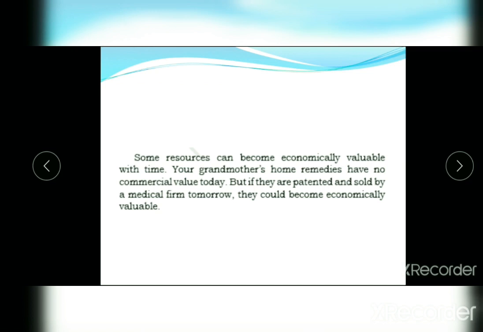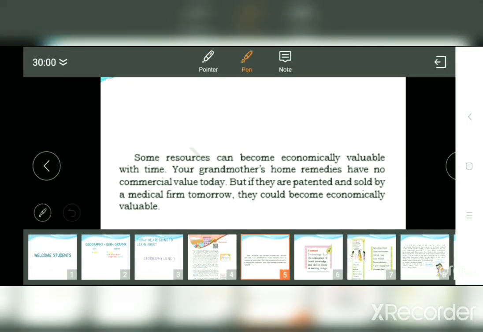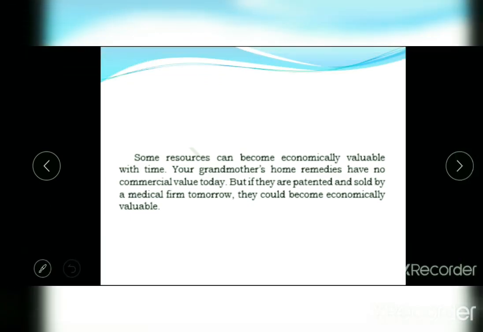Your grandmother's home remedies have no commercial value today. So if you go to market and sell your grandma's homemade remedies for some disease, you will get a very low price, because they are not patented, or they do not have a specific brand which is popular.